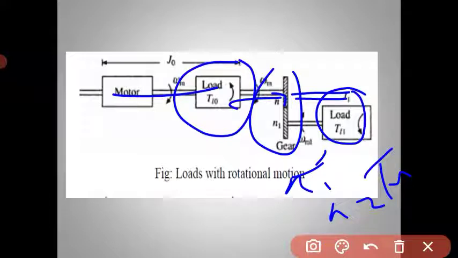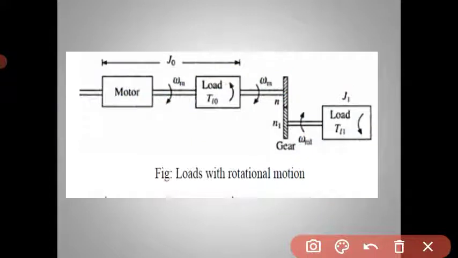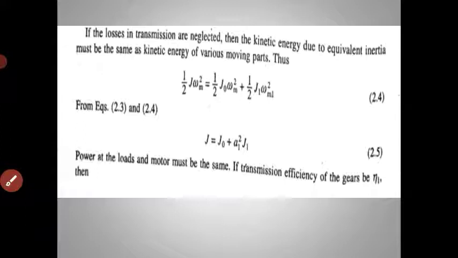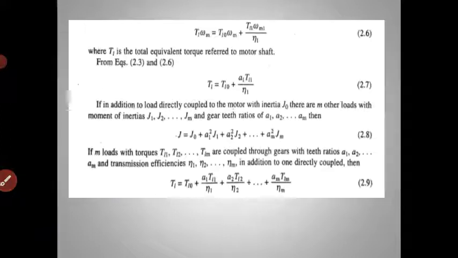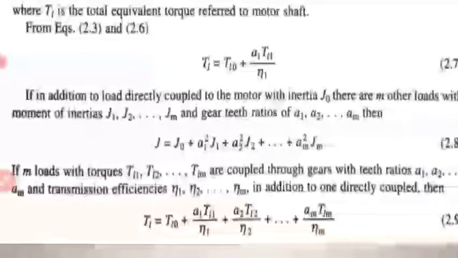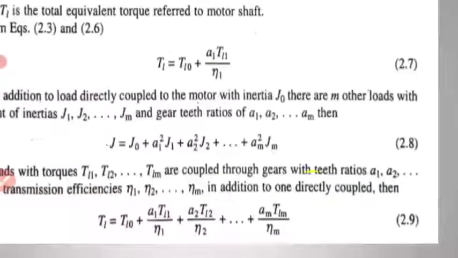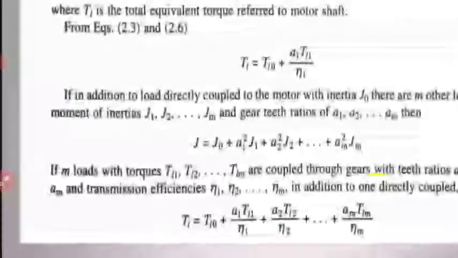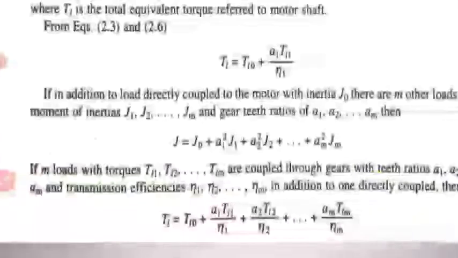I hope it is clear, right? So you can extend it to n numbers. If in addition to the load directly coupled to the motor with inertia J naught, there are m other loads with moment of inertia J1, J2 till Jm, and gear teeth ratios A1, A2 till Am.